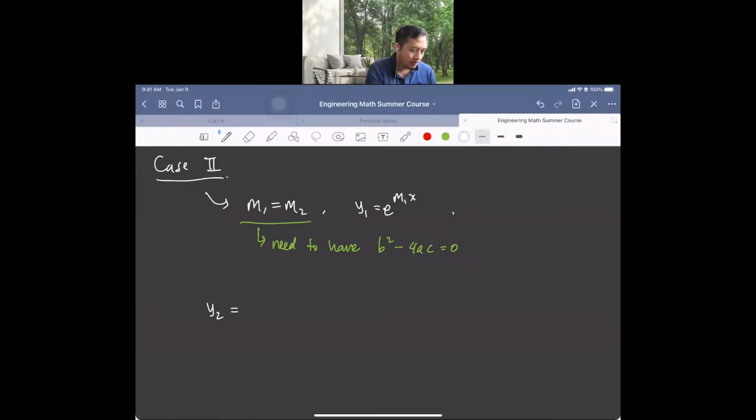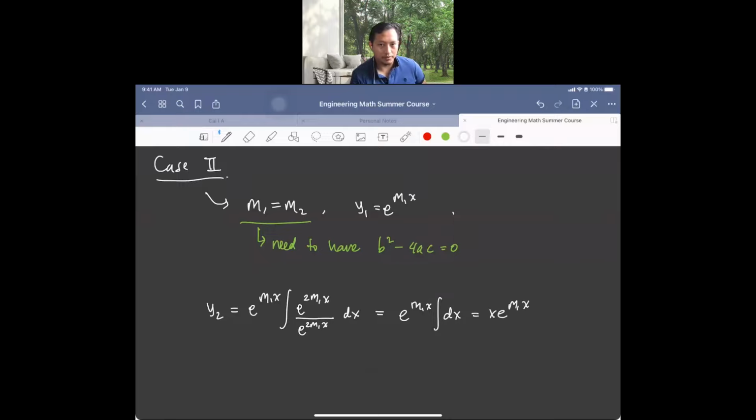We will have e to the m1x times the integral of e to the m1x divided by e to the m1x dx. So this will be equal to e to the m1x times the integral of dx, which is x e to the m1x.